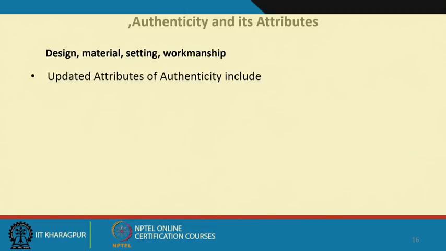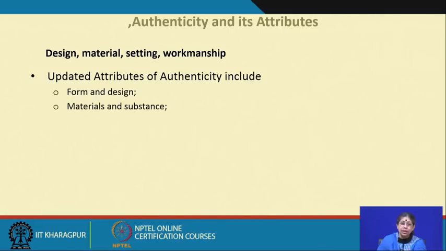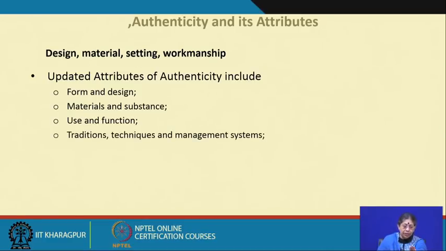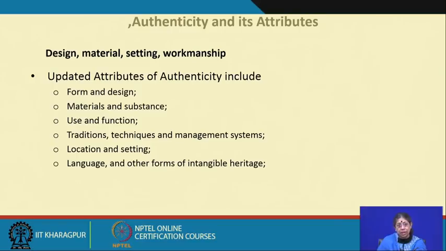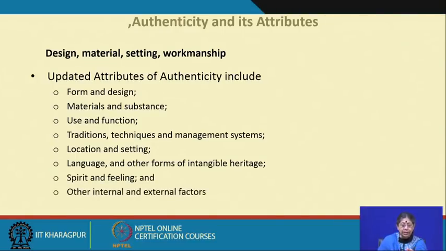So, these attributes were updated, and now the attributes of authenticity include form and design, materials and substance, use and function, tradition, techniques and the management system, because depending on the tradition in a local context also things can change, location and setting, language and other forms of intangible heritage, spirit and feeling, and other internal and external factors.